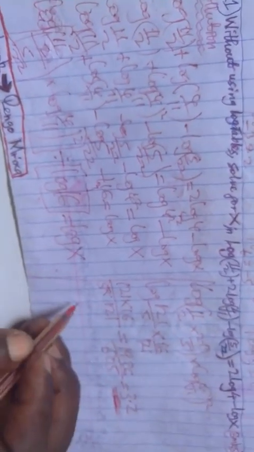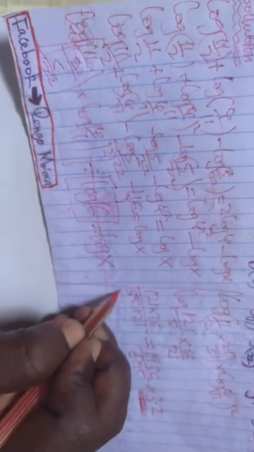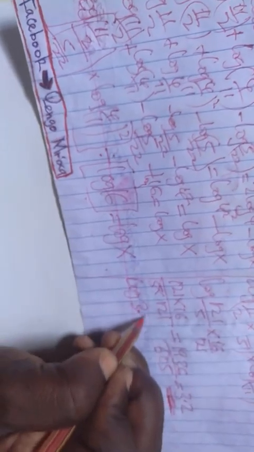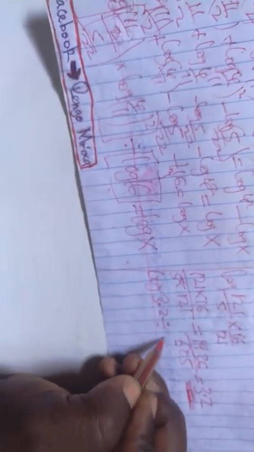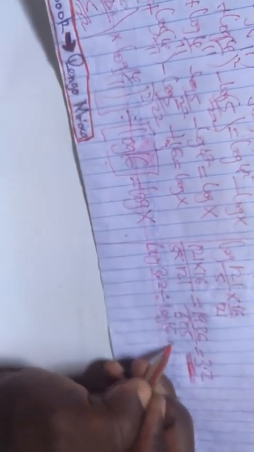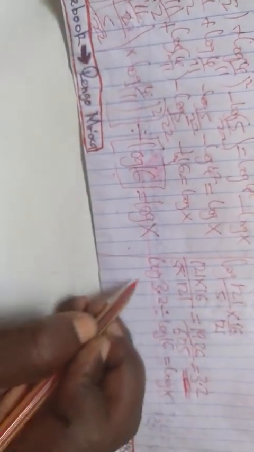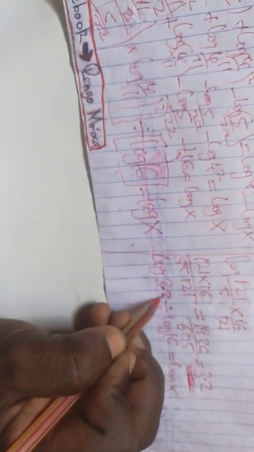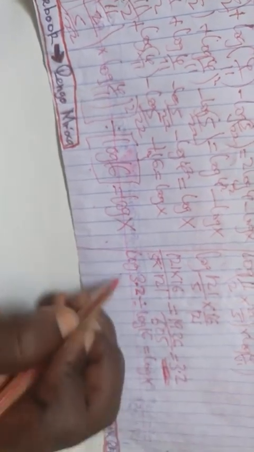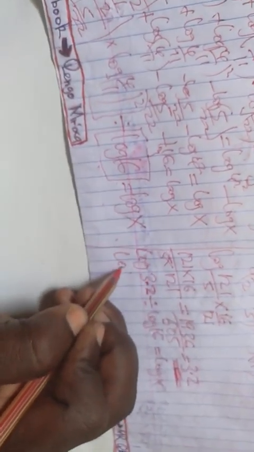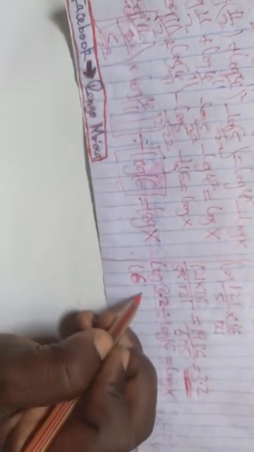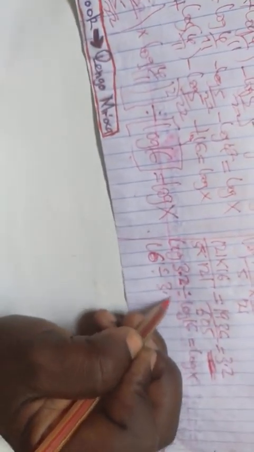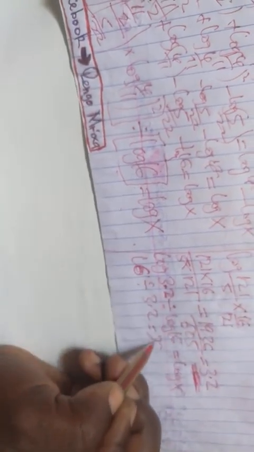Now, this is not the answer. Sorry, this is not the answer. Now, say log 3.2 divided by log 16 is equal to log x. By dropping the logs on both sides, say 16 divided by 3.2 is equal to x.